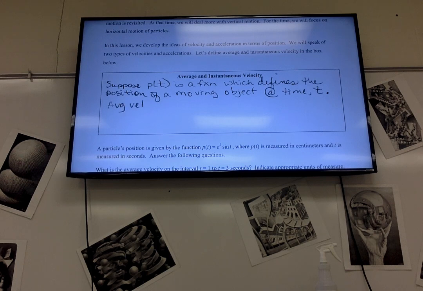The average velocity would also be the average rate of change of position, which is the slope: P of B minus P of A over B minus A.